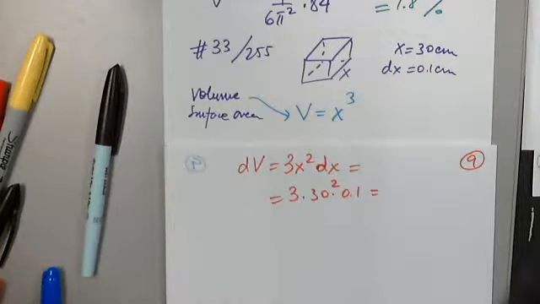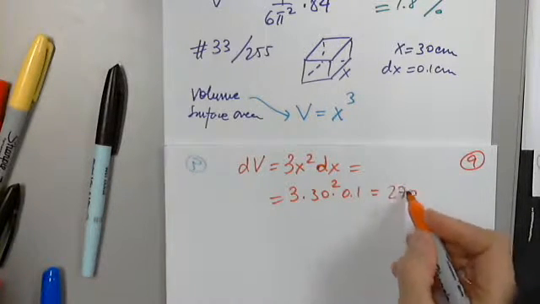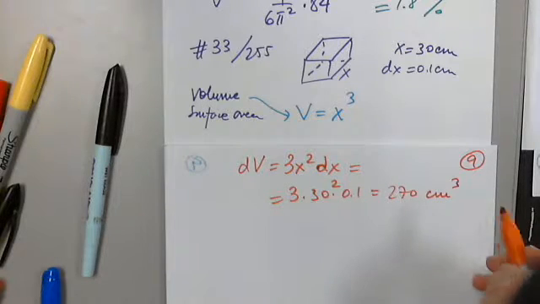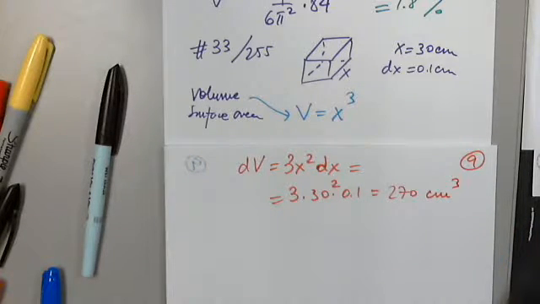So 900 times 0.1 is 90. So this is 270. Measurement unit. Very good. Perfect. So this is the maximum error in the volume triggered by a minor error in x.